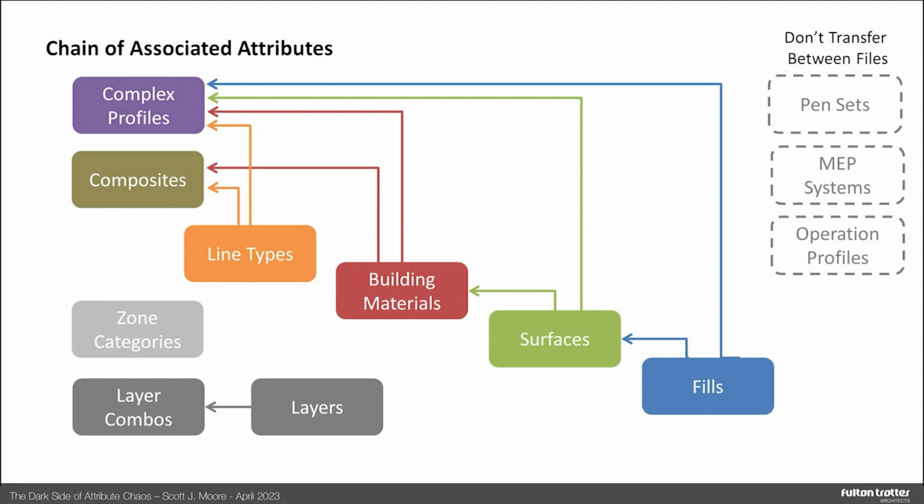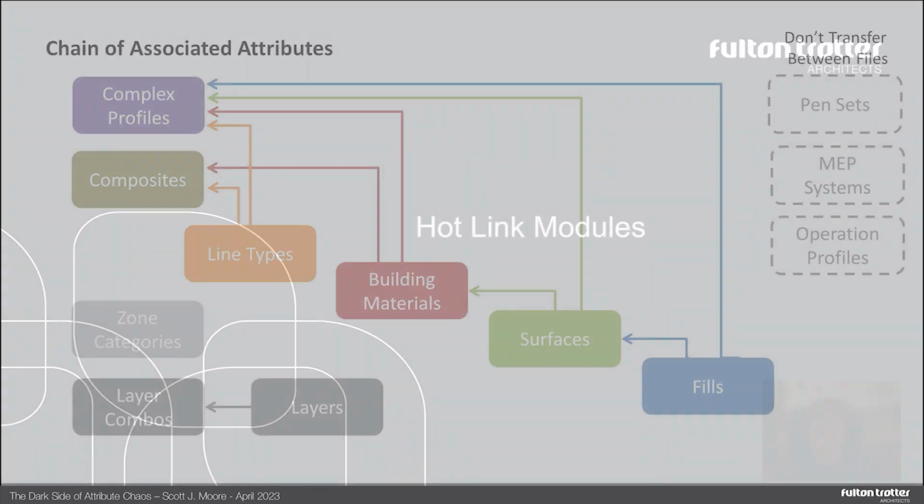Something like a complex profile is going to bring through line types, building materials, surfaces, and fills all in one go. So if you're not keeping track of what's coming into your file, things are going to start to unravel really quickly. And when you start to work with hotlinks, that unraveling starts to go disastrous.